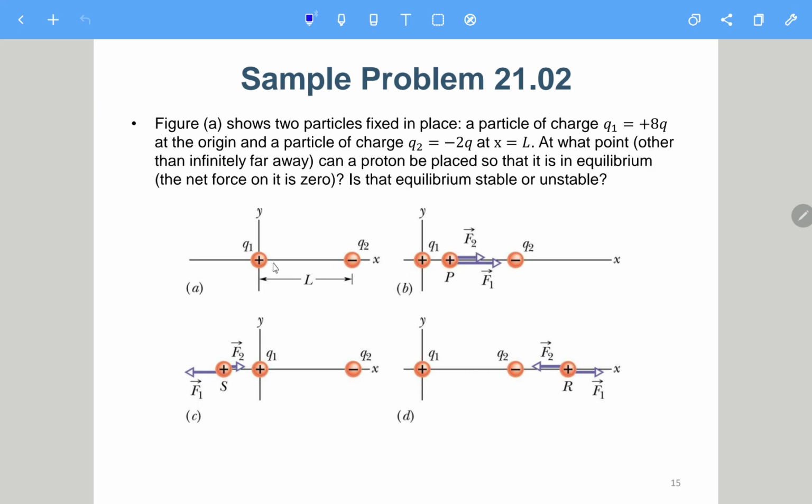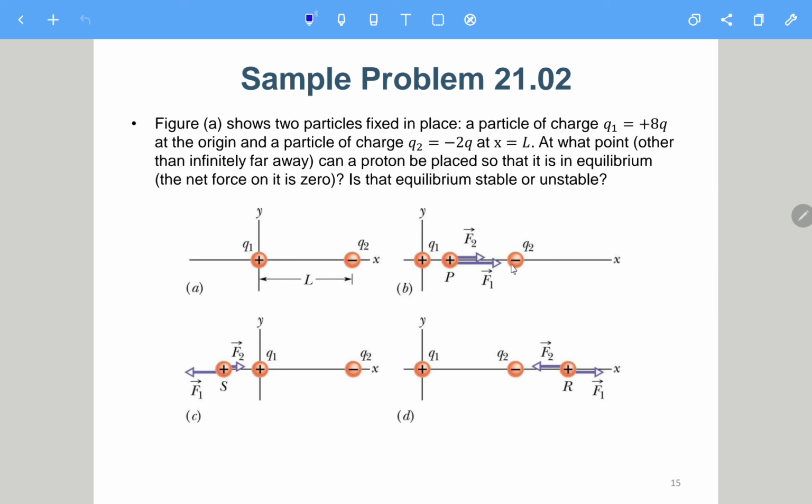Okay, so let's consider three cases, because it asks you to place the proton on the x-axis. So there will be three regions. The first is on the left, the second is in the middle, and the third is on the right. Let's consider the middle one first. If we place this proton in the middle of Q1 and Q2, then Q1 and this proton are both positive, so they will repel each other, which means that F1 points to the right side.